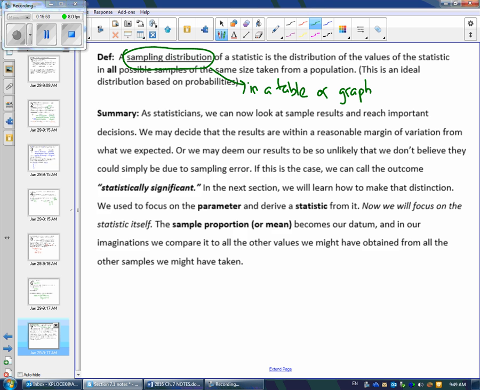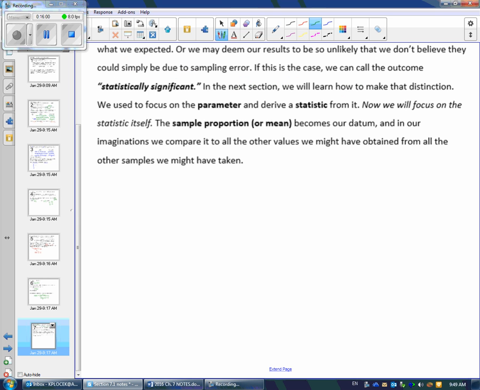If I took several random samples of 100 students at South River High School, let's put this as 0.1, 0.2, 0.3, 0.4, 0.5, 0.6. Let's say that I found 2 of those samples in which 20% like pepperoni pizza.